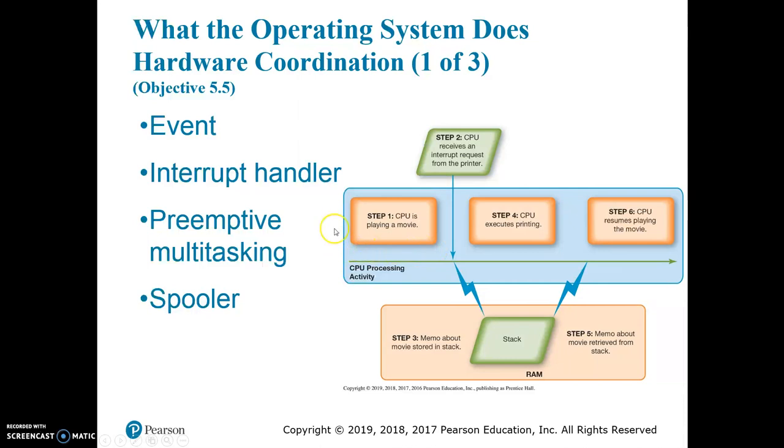Okay, so here we have step one. You're watching a movie, okay? So the CPU is playing a movie. And then maybe at the same time you're writing a paper for class, all right? And so you're like, okay, I need to print. So you send it to print, and then the CPU receives something called an interrupt request from the printer.